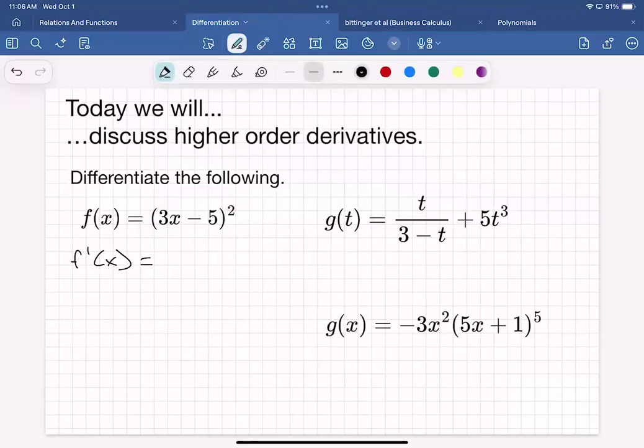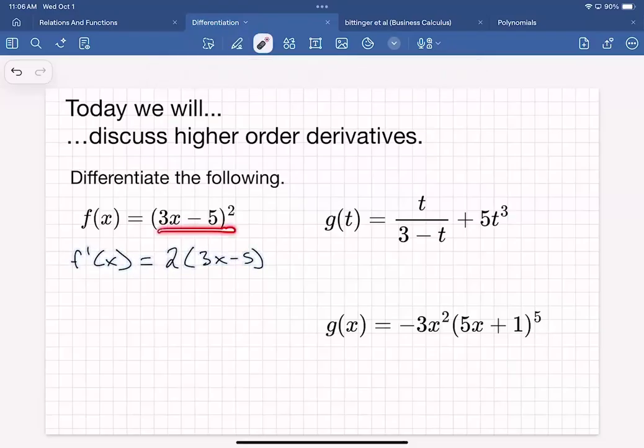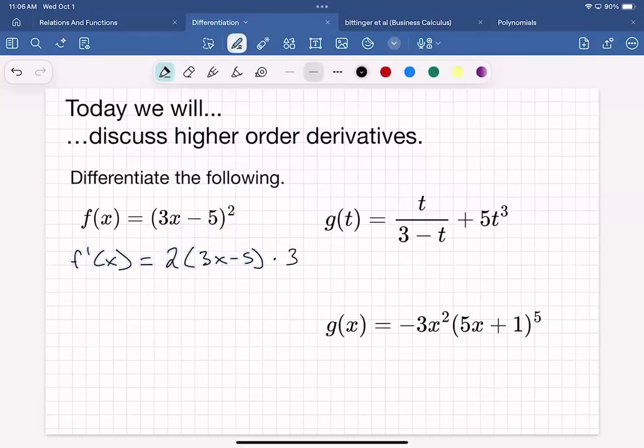You just have to remember, hey, this will be 2 times the 3x minus 5 raised to the 1 as an exponent. Doing the power rule on the outside, we just have to make sure to multiply by the derivative of the inside. The derivative of the inside here is 3x minus 5, and the nice thing about that derivative, it's just 3.